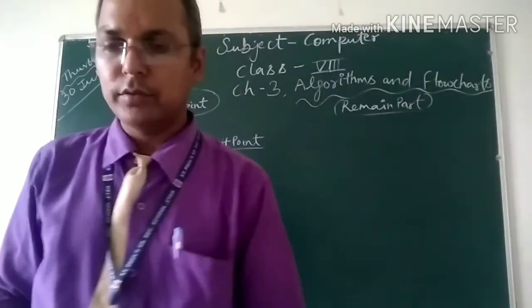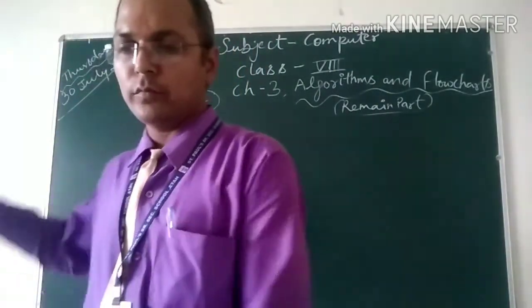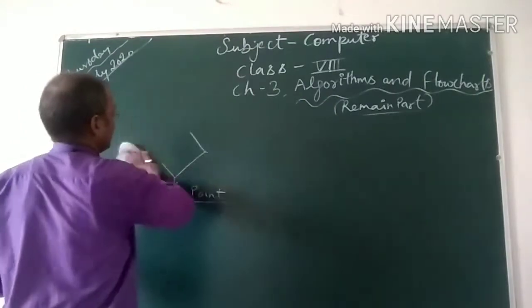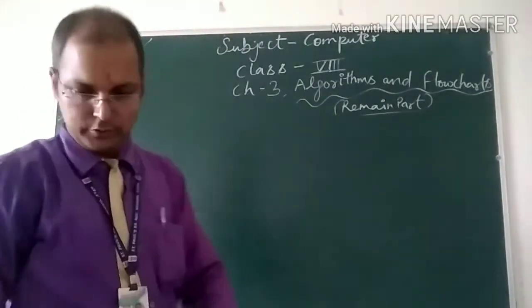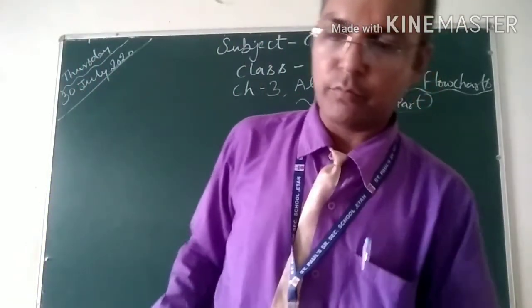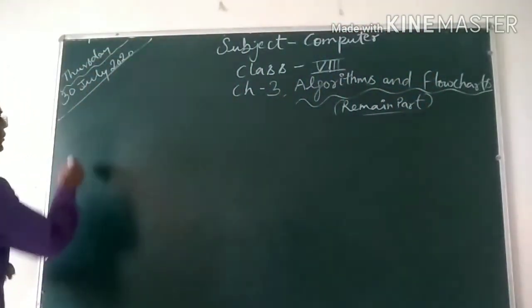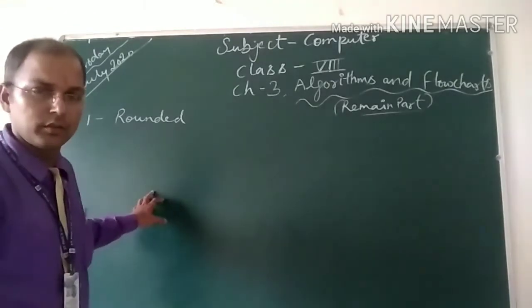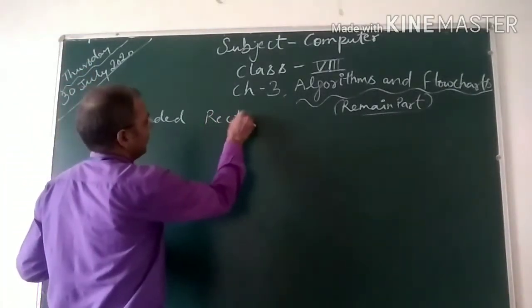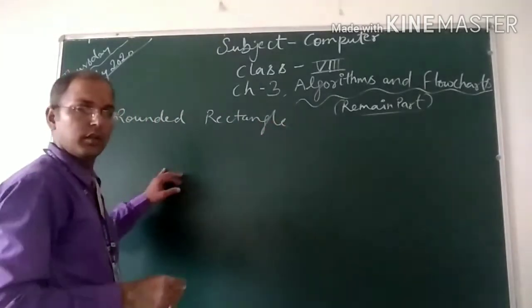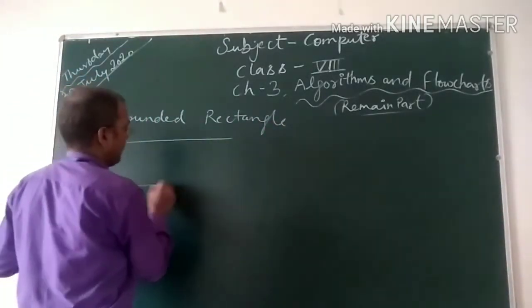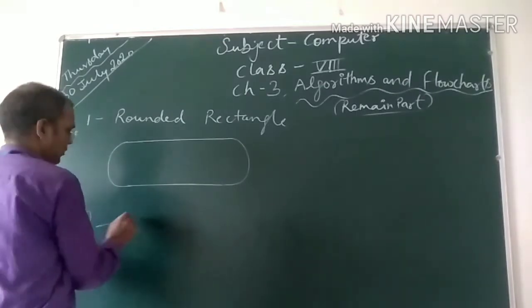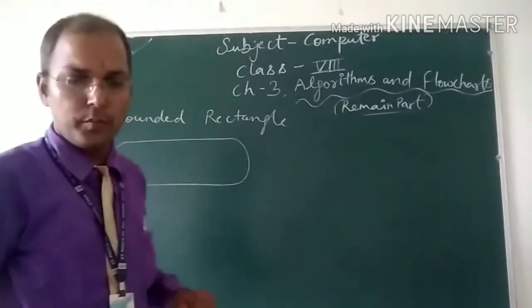There are many flow chart symbols. One is a rounded rectangle and second is a parallelogram.